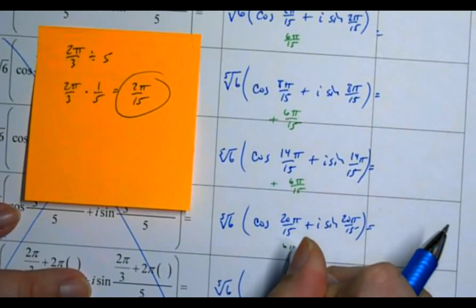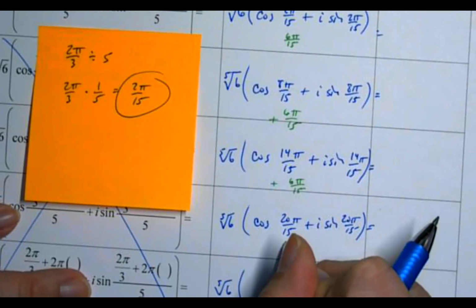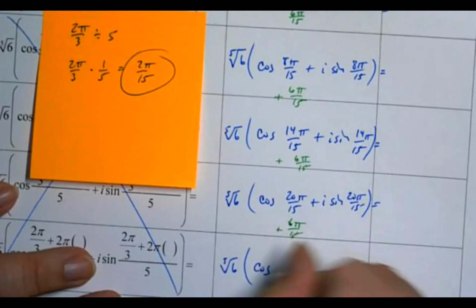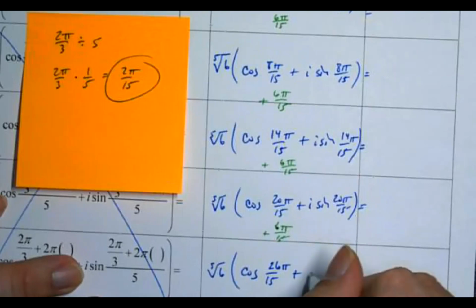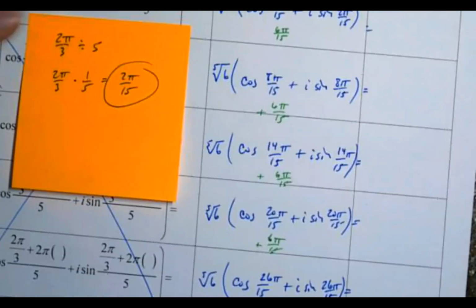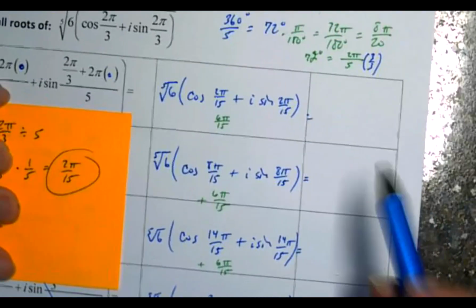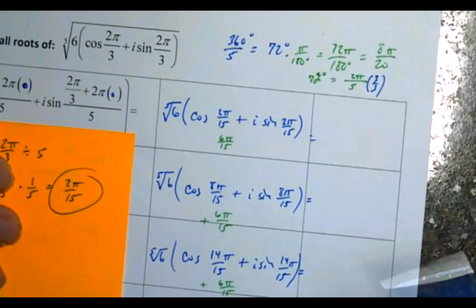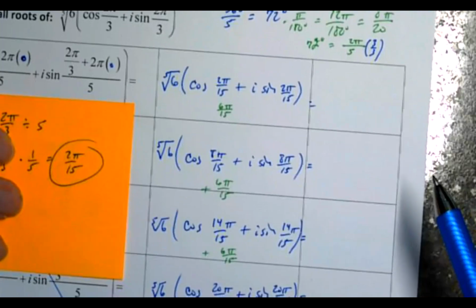Add another 6 pi over 15, and I have cosine 26 pi over 15 plus I sine 26 pi over 15. So we saved ourselves a bunch of work. We just found out what that angle of rotation was going to be, 72 degrees, and added it each time. So we have our 5 solutions.